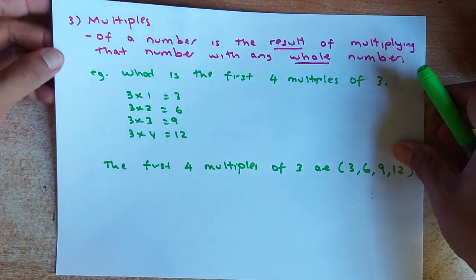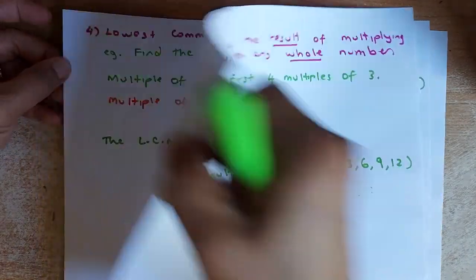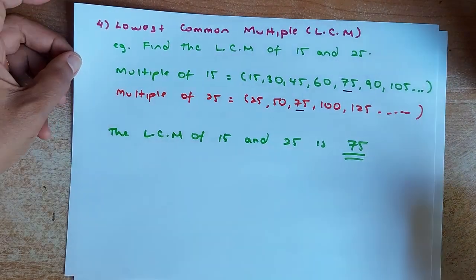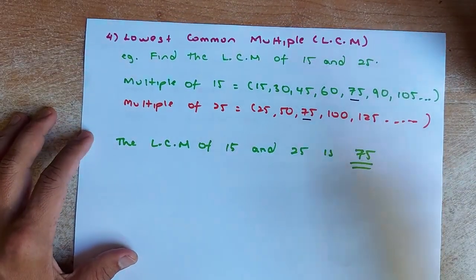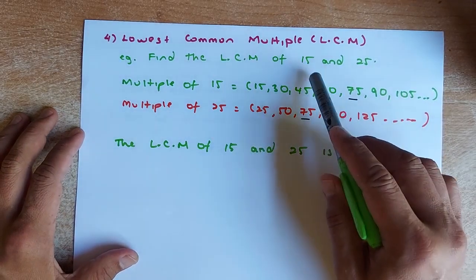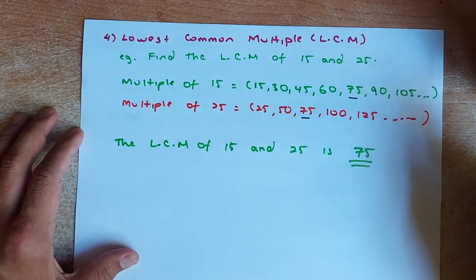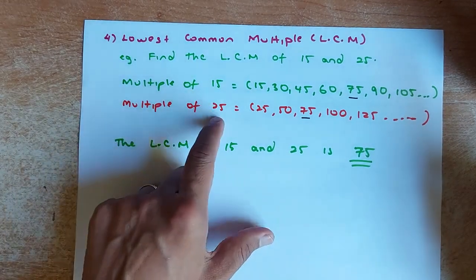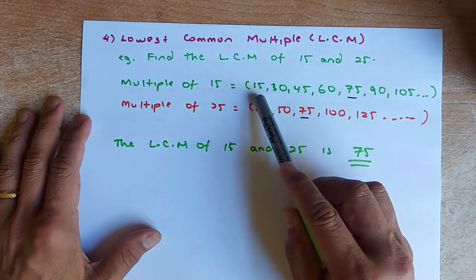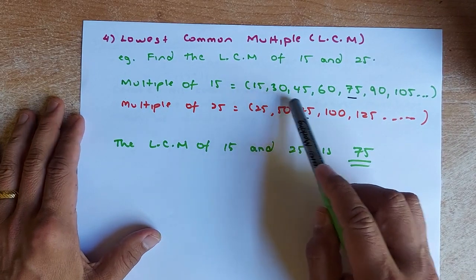Now we're going to know what is the meaning of lowest common multiple. This is very common in mathematics, also called an LCM. Okay, so if I were to ask you to find the LCM between 2 numbers, 15 and 25, again, you need to find the multiples of 15 and the multiples of 25. So 15 times 1 is 15, 15 times 2 is 30, and so forth.